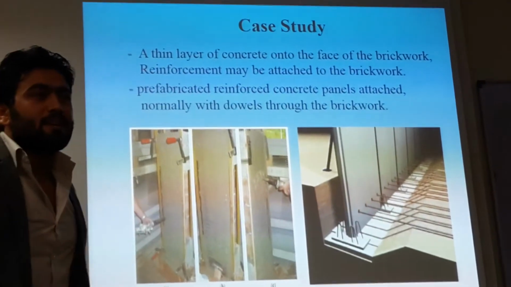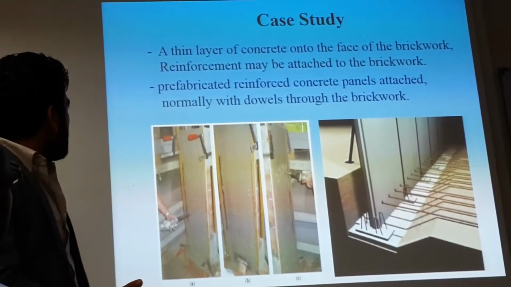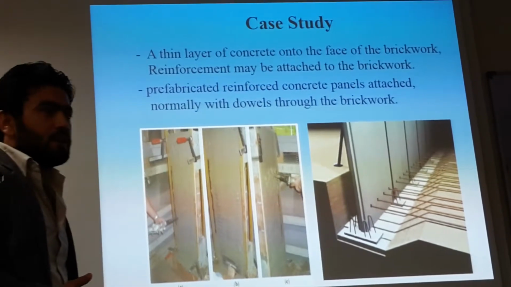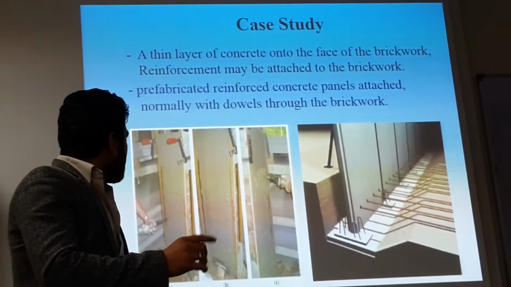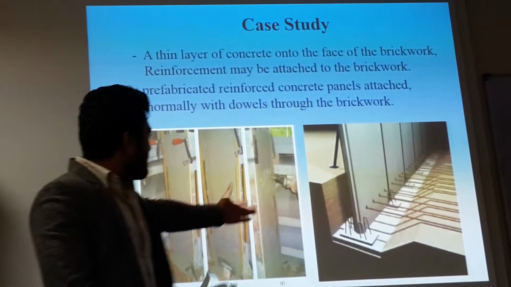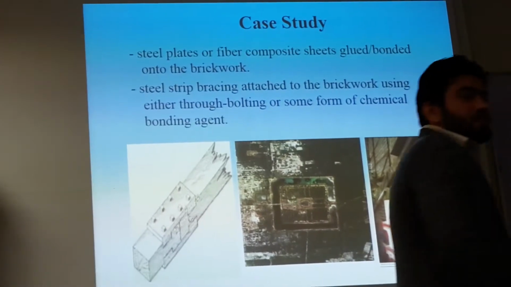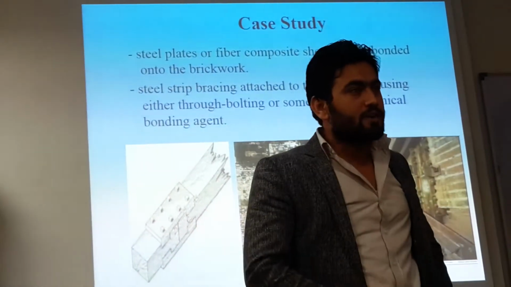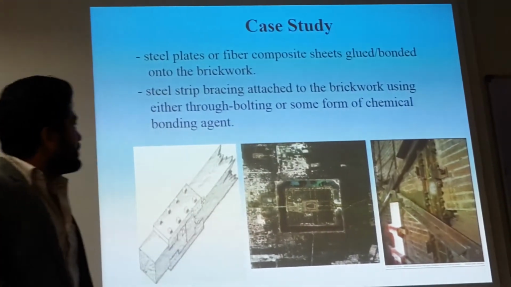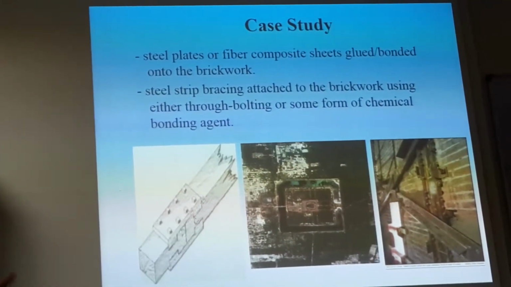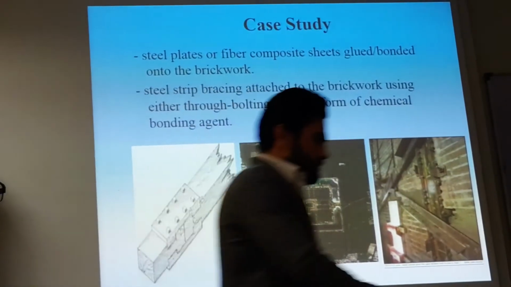In a brick building, we can add reinforcement, a concrete layer, and prefabricated panels. Steel plates are also one of the retrofitting techniques we can use. And also steel stirrups, and we may have some chemical bonds.